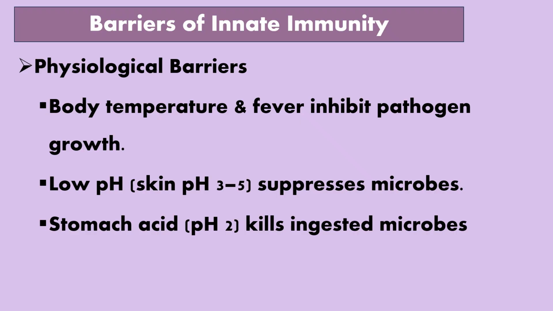The low pH of the stomach kills microorganisms, and bile does not allow the growth of microorganisms. Cerumen, which is earwax, traps dust particles, kills bacteria, and repels insects. Urine washes the microbes present in the urethra, and vaginal secretion is slightly acidic, which discourages bacterial growth and flushes microbes out of the vagina.